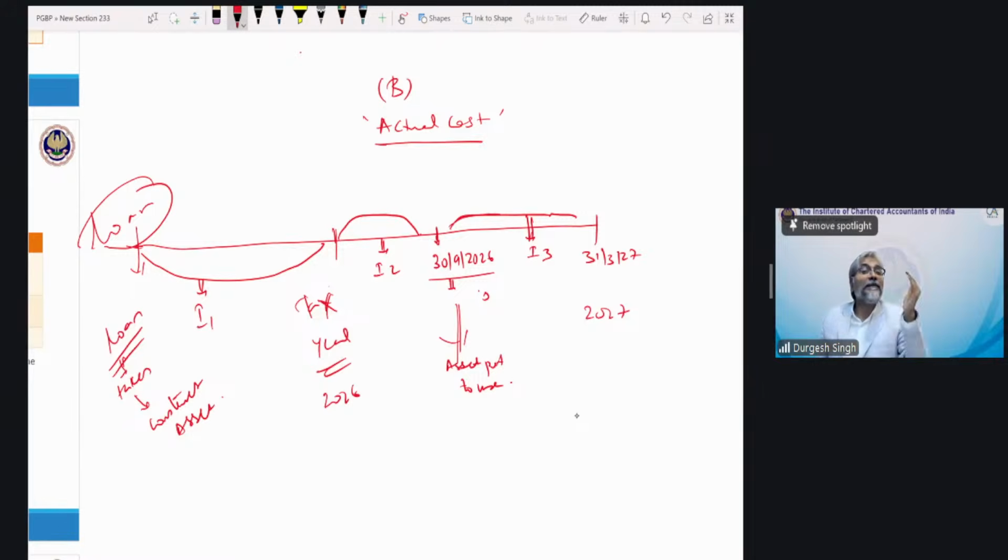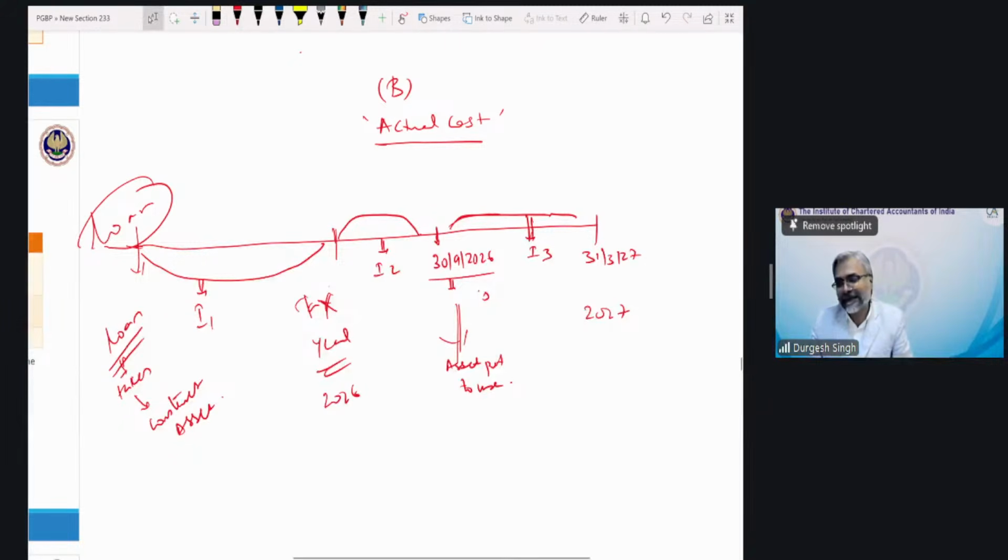Which process? The process of bringing the asset into existence, or putting the asset into its working condition. All these expenditures will be capitalized for the purpose of determining the actual cost of the asset.